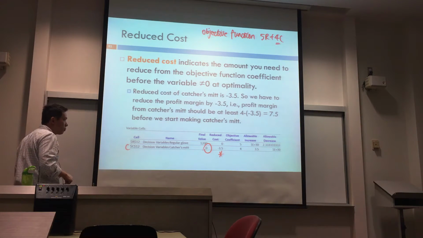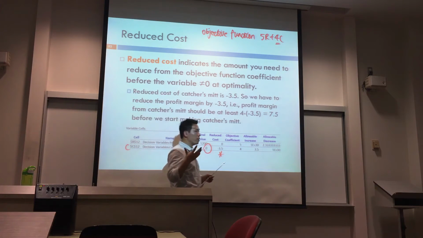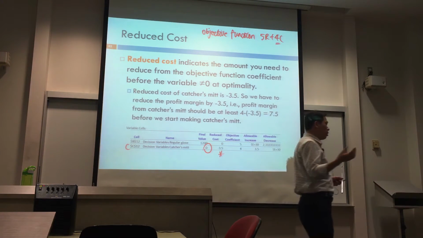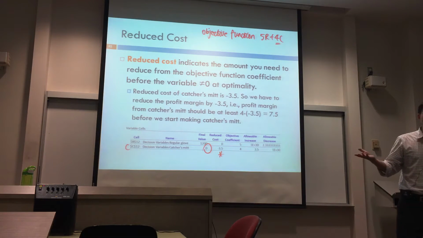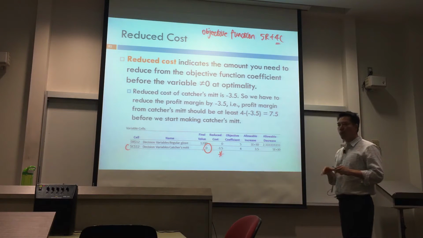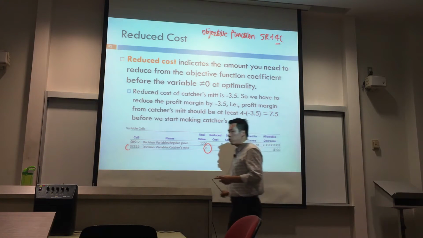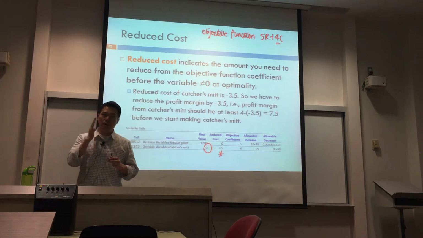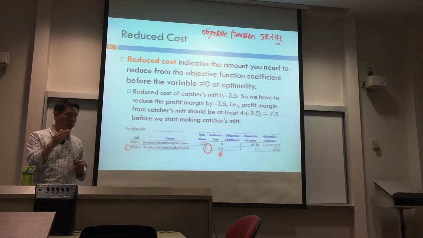Okay? So this makes sense. This term makes more sense when we are talking about a cost minimization problem. When we talk about a profit maximization problem, this term is kind of strange, but this is something provided by Excel solver, right?